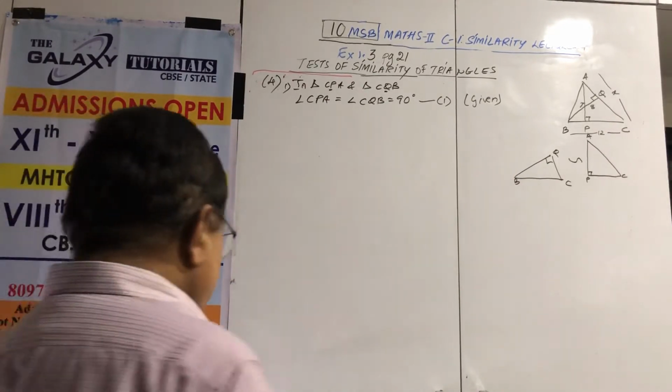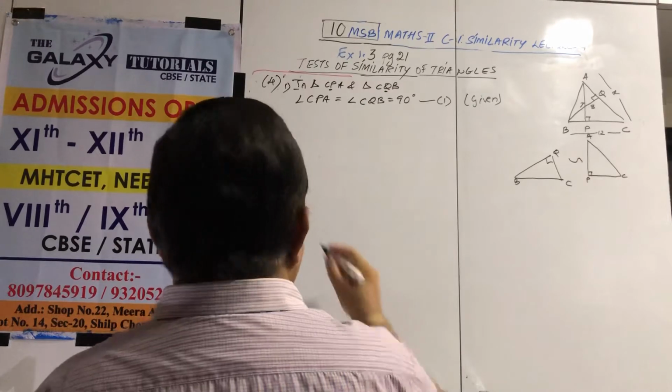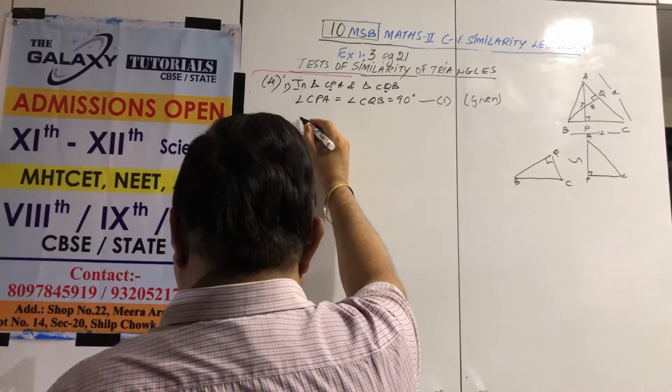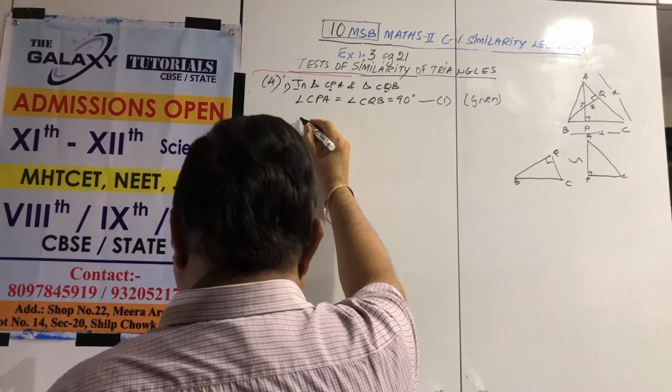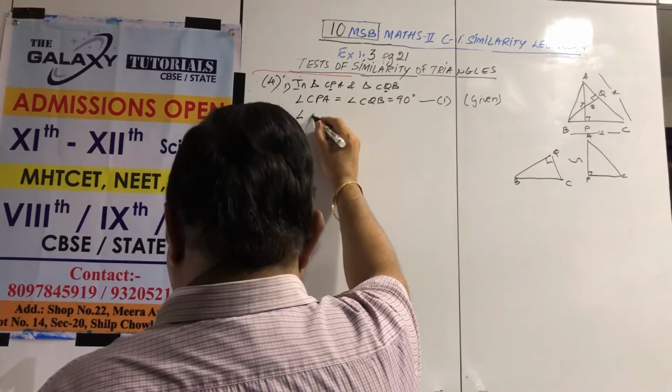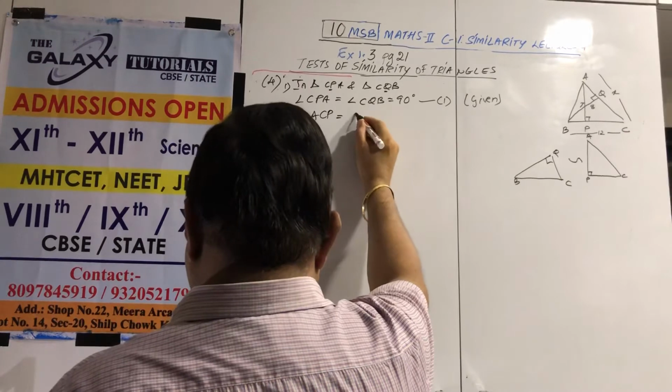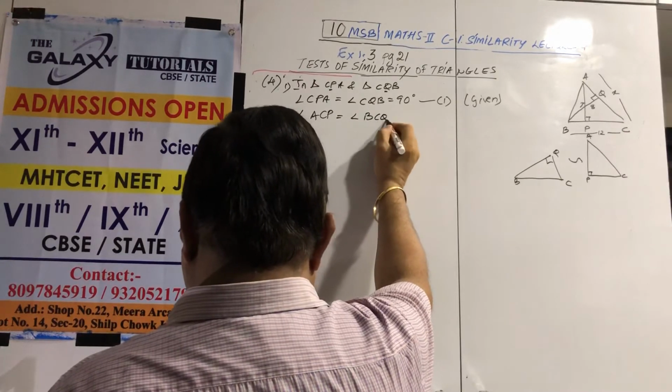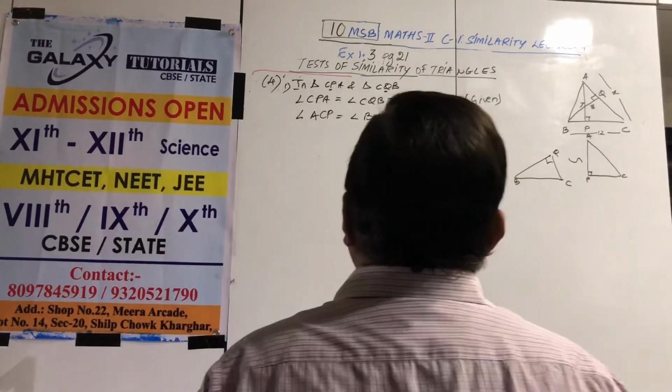Therefore, angle ACP is equal to angle BCQ, common angle.